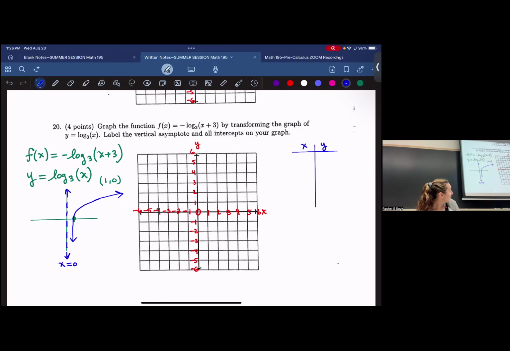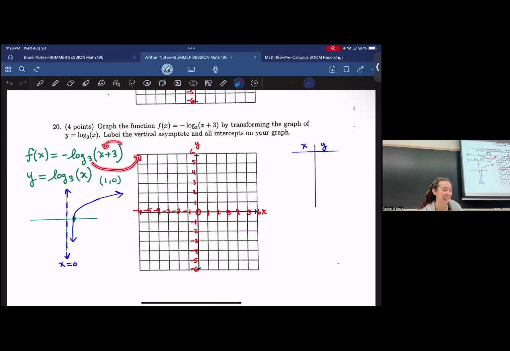We want inside the parentheses here to be what number to give us a good point? Again, 3 to what power gives us a nice clean number?